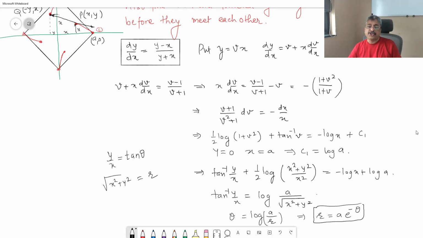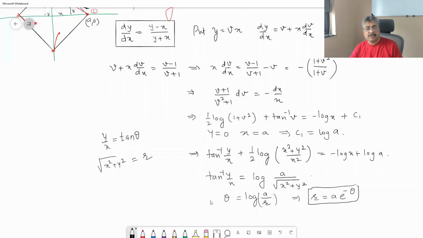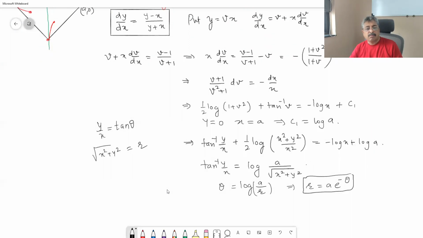That is your polar equation. This is your Cartesian equation. So that is the path which will be followed by the bug, by traveling such that they keep looking at the bug at right.